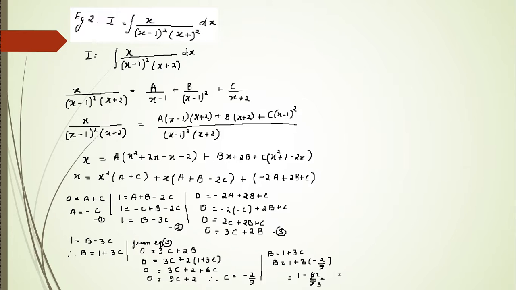I'll get this finally, b is equal to 1 by 3. Now from equation 1, I know a is equal to minus c, therefore a is equal to 2 by 9.